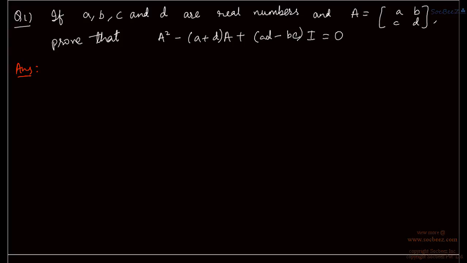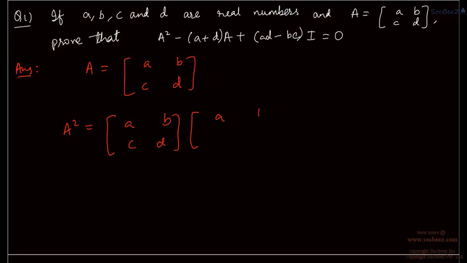First of all, I write what my A is, which is [a b; c d], right? So I now try to find out A². We multiply matrices using the formula we know. So this is a² + bc, the first term.